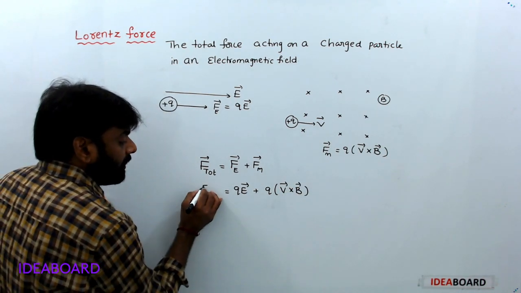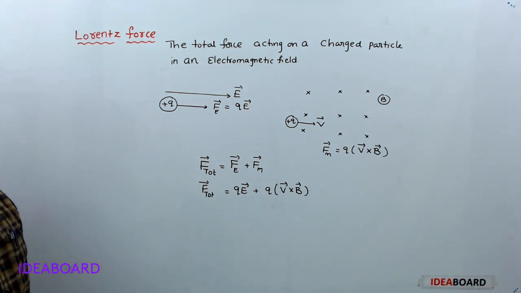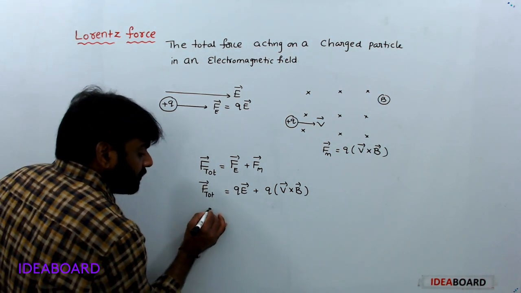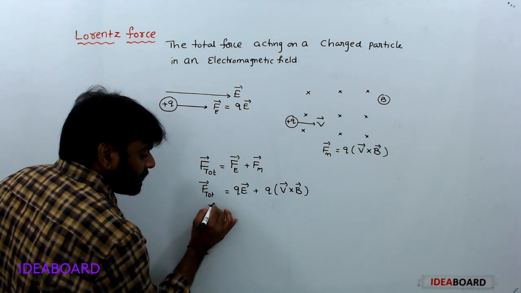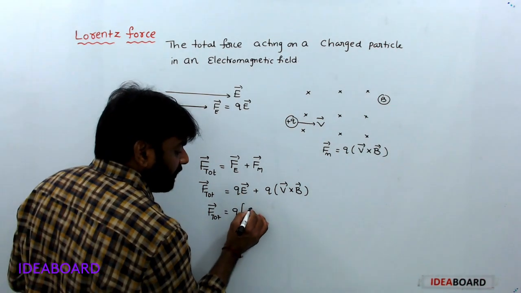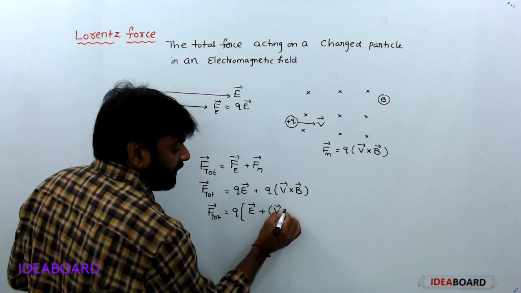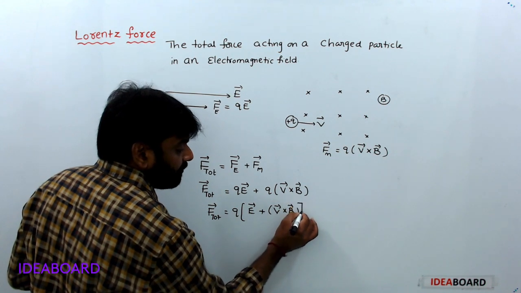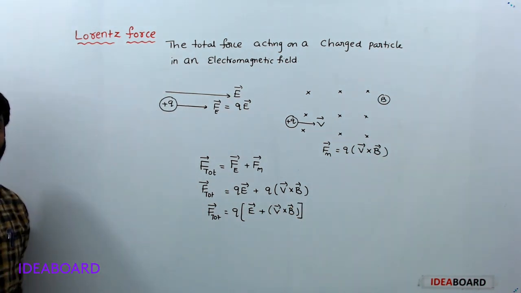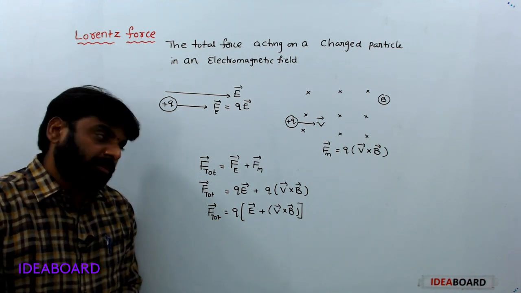So total force on the charged particle is equal to, Q is common, so you write Q into E bar plus v bar cross B bar. Understood?